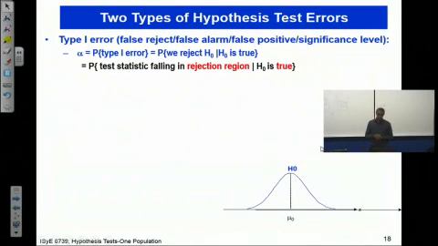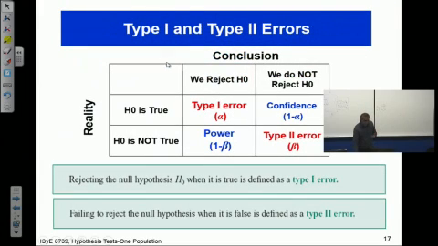So let me start with alpha. How can we calculate alpha? Again, alpha is a probability, the type 1 error, which different communities call different things. You may have heard false reject, false alarm, false positive, and sometimes significance level. These are different names for that. Alpha is the probability of type 1 error, which is a conditional probability, exactly what we said here: probability of rejecting H null given that H null is true.